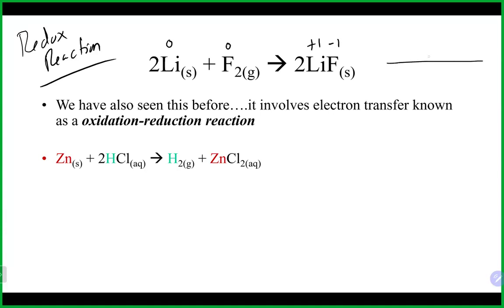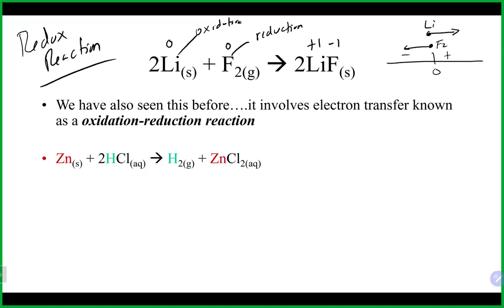As we would expect, the lithium started at 0 and ended at +1, which means the lithium here is going through oxidation. The fluorine started at 0 on the left-hand side, ended at -1 on the right-hand side, becoming more negative, going through reduction.